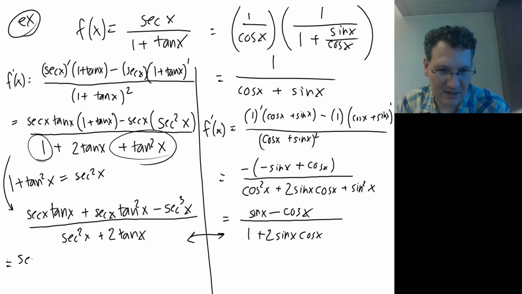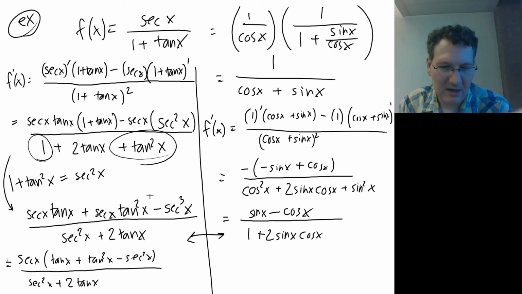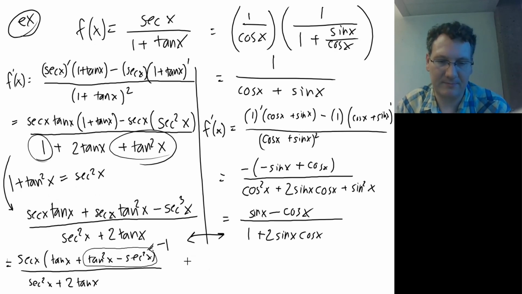I'm going to factor the secant of x out of the numerator, so I get the tangent of x plus tangent squared x minus secant squared x, over secant squared x plus 2 tangent x. Just observe that with the Pythagorean identity relating the tangent and the secant, tangent squared minus secant squared is -1. So we can simplify a little bit, but I don't really want to do that.